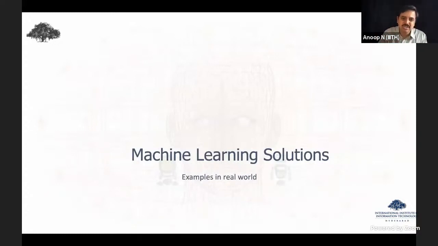So I'm just going to tell you a few examples and then see if, as you walk around from now onwards, when you're walking on the streets, when you're watching out through the window, whatever it is, or you're sitting at home doing something, every time you see a real problem in the world, see if it can be modeled as a machine learning problem.